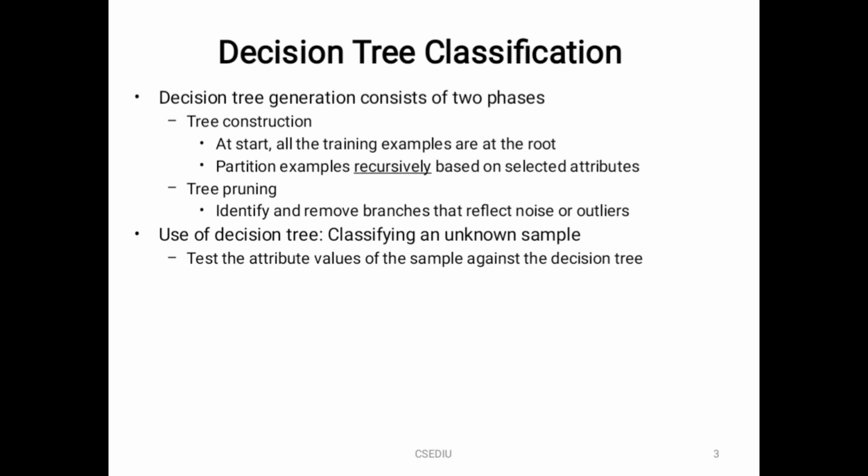Use of the decision tree is to test the attribute values of a sample against the classification. Attribute values of a sample are tested against the decision tree, traversing the tree from the root to the leaf node.